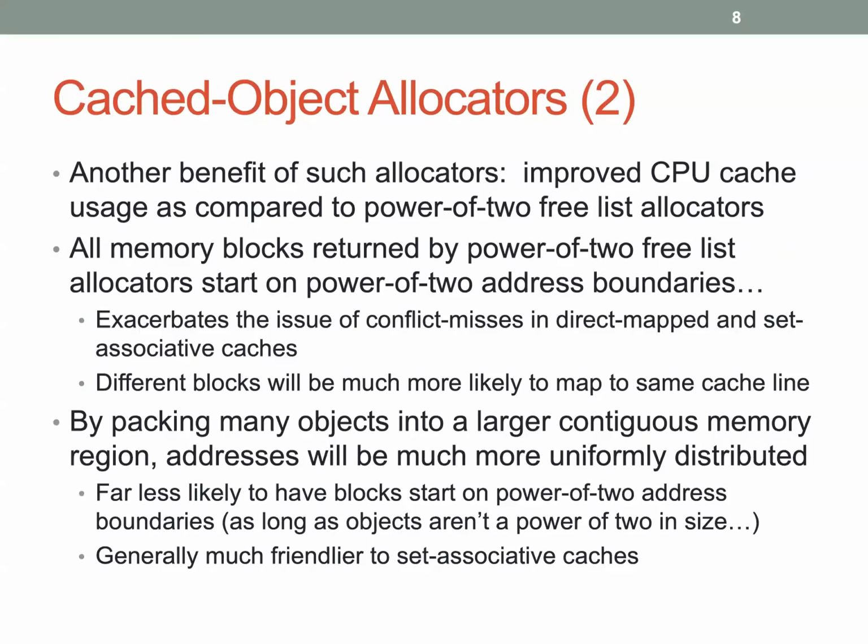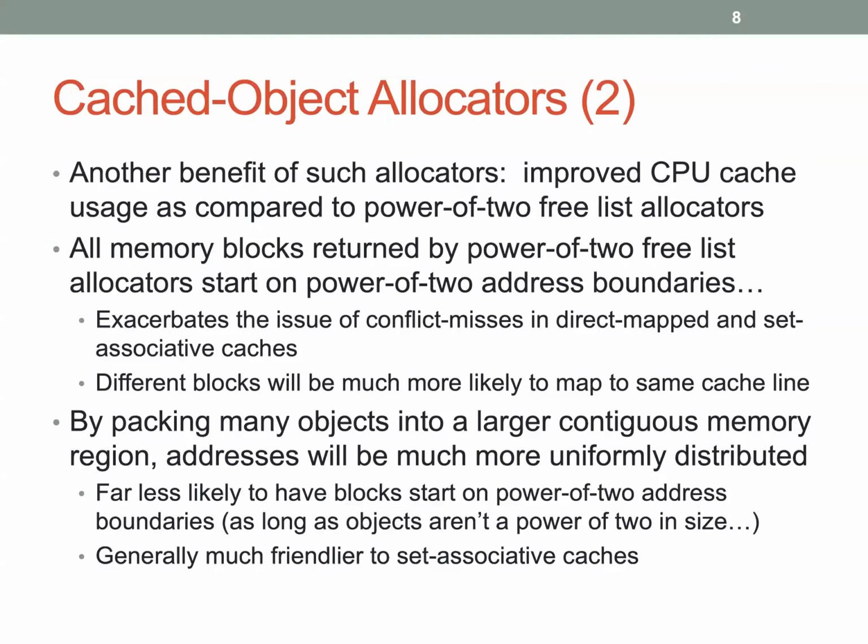If we take a huge chunk of memory that's contiguous and we chop it up into a whole bunch of objects of the same type, unless that object is a power of 2 in size, which usually it's not, it'll be some multiple of 4, multiple of 16 perhaps, but it's not going to be one of the larger powers of 2 where it really starts to have a negative impact on hardware cache performance.